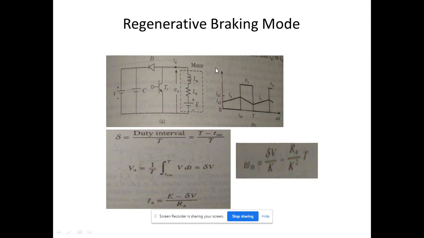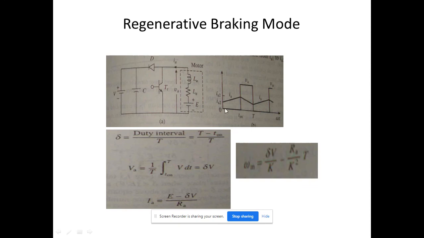Now come to the regenerative braking mode operation. Here you see, this is the diagram for regenerative braking mode. Here, the chopper for regenerative braking operation is shown, where transistor TR is operated periodically with the time period T and on period of T on.